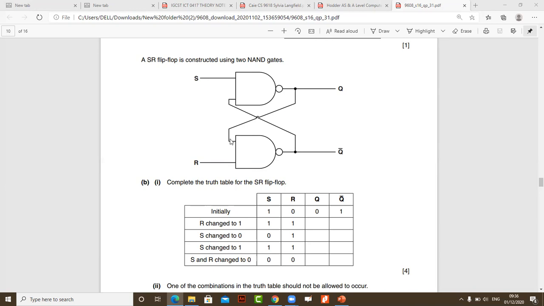If Q is 0 and R is 1, so in case of a NAND gate, 0 and 1 क्या होगा? 0 1 होगा. And when Q dash becomes 1, this will become 1. ठीक है, आप यहाँ लिख दोगे.